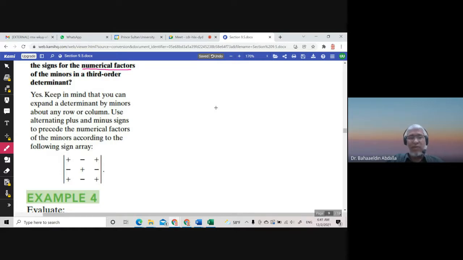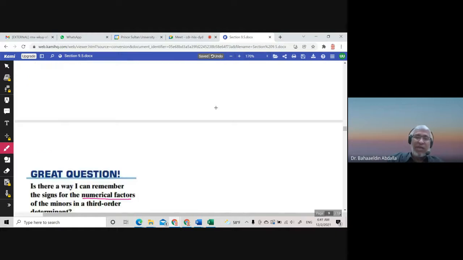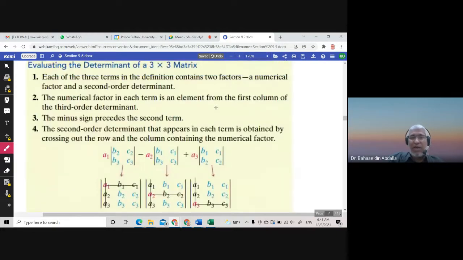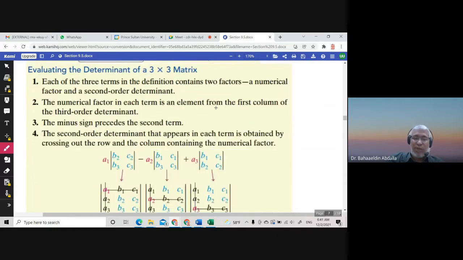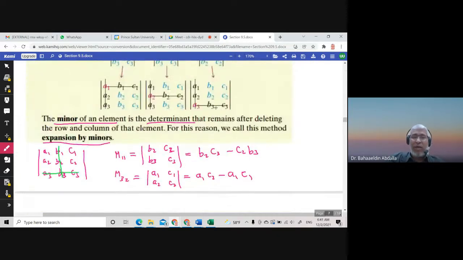So A1 has a positive sign, A2 has a negative sign, A3 has a positive sign. And that's why the signs here are positive, negative, positive. So this is how to find the determinant using expansion by minors.